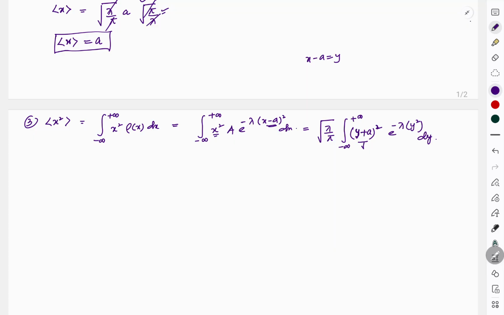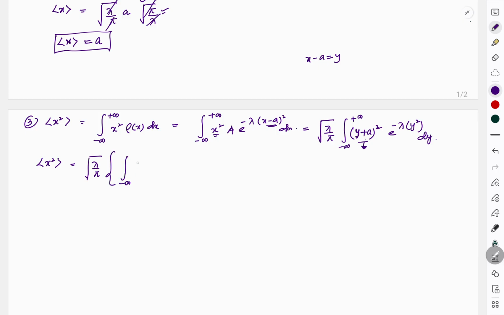Now this time we will be having three integrals, but again don't worry, everything will be solvable only by using that Gaussian integral. So expectation value of x square equals root of lambda divided by pi, and let's put a bracket here.